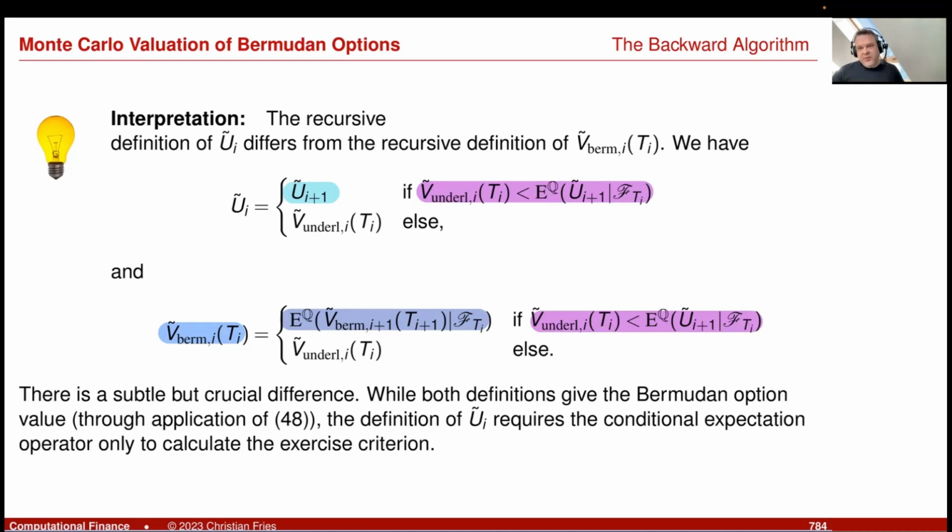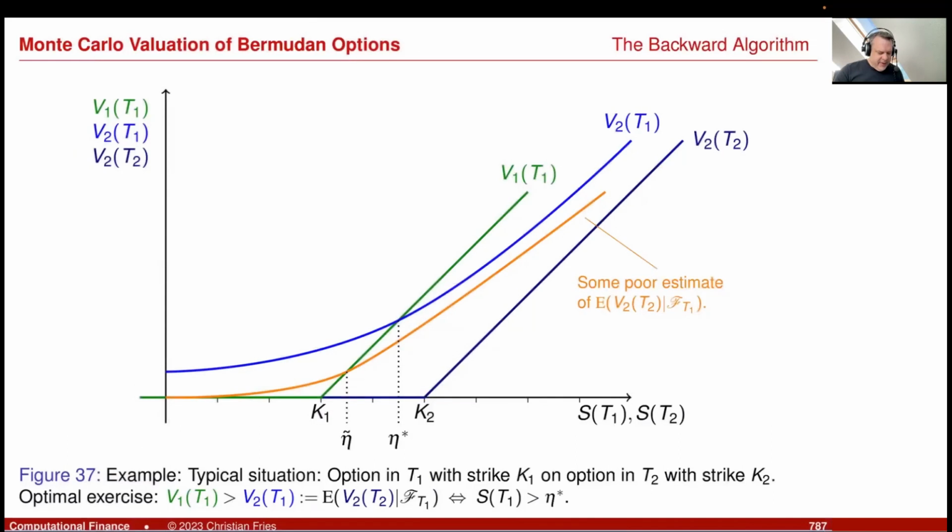And taking the expectation on the upper part will give us the value of the Bermudan. Why was this small modification important? So we had a very nice little picture. This little picture here is, say, a Bermudan option with 2 exercise dates.